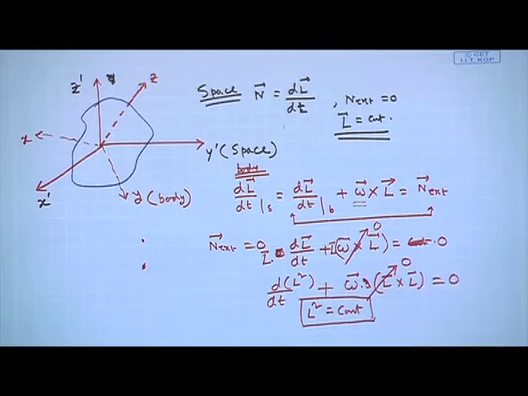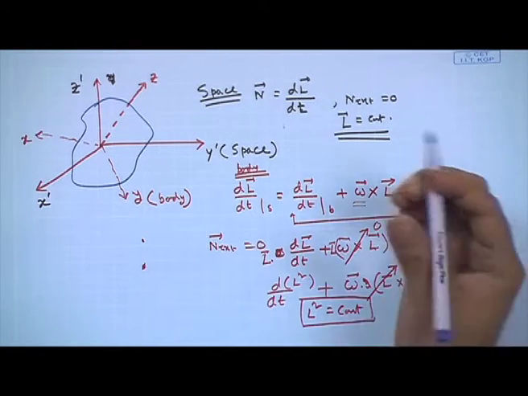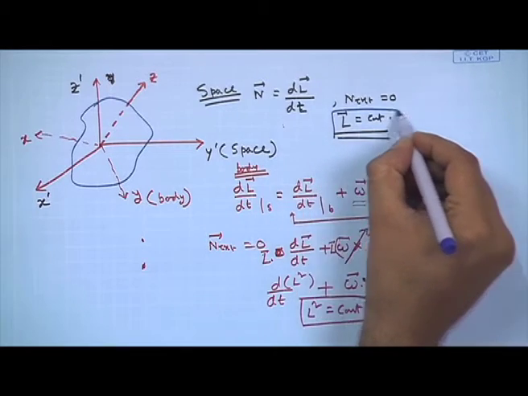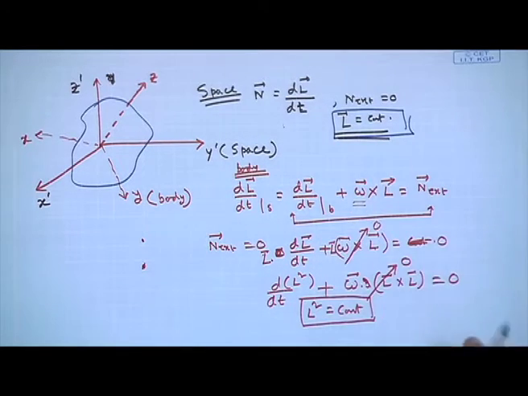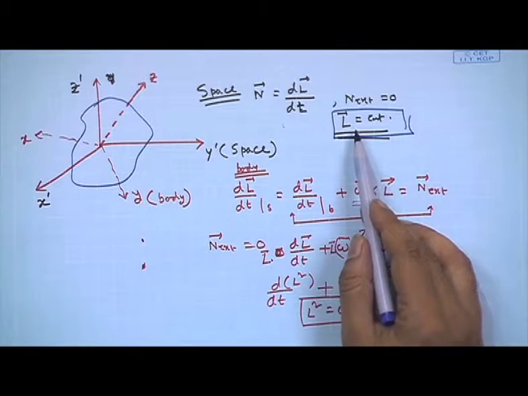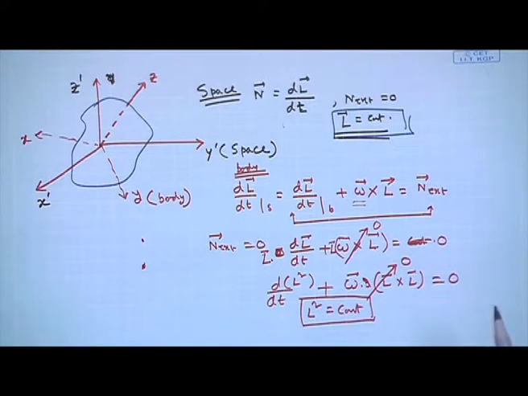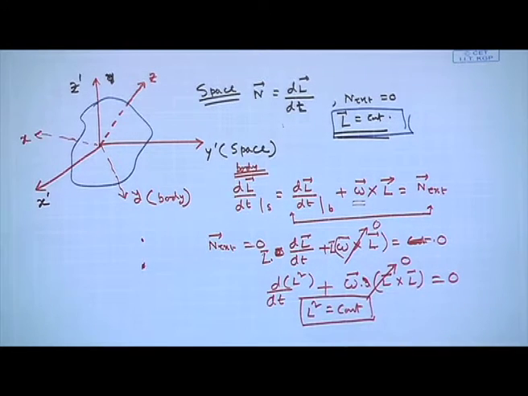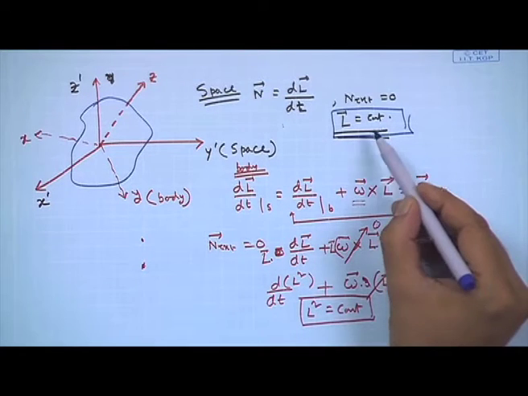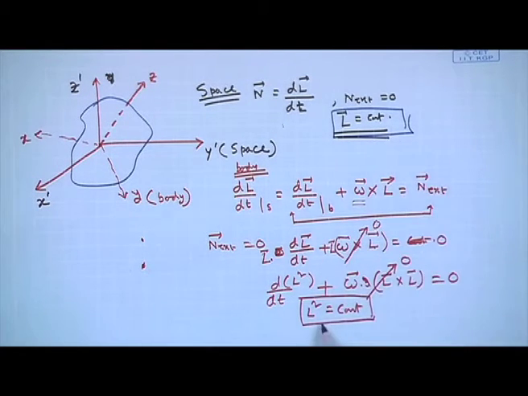So, if you are observing this from the space set of reference frame, then total angular momentum is a conserved quantity. But when you are observing it from the body set of axes, that means as an observer rotating along with the rigid body, you do not get angular momentum as constant, but the magnitude of angular momentum is your conserved quantity.